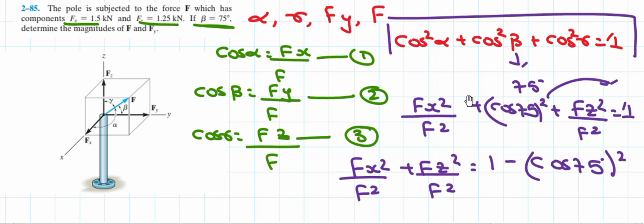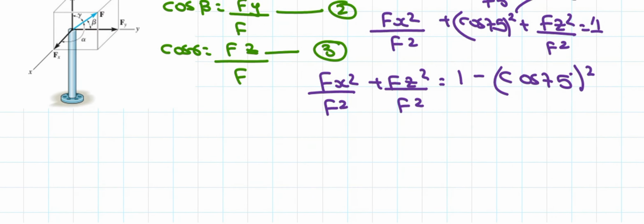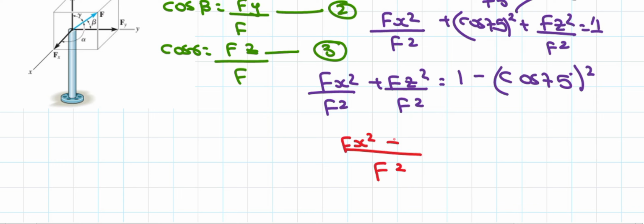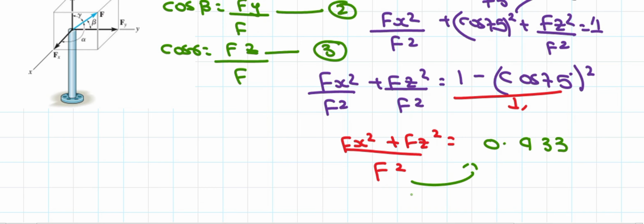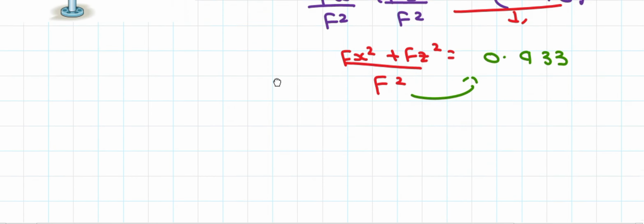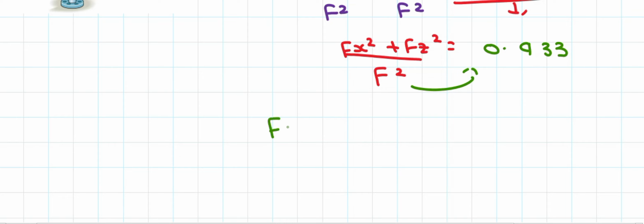Take the LCM of this expression so that it becomes Fx square plus Fz square upon F square, and the right side gives the value of 0.933. So shift F square to the opposite side so that F square is equal to Fx square plus Fz square upon 0.933.